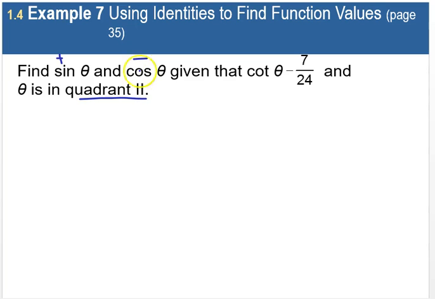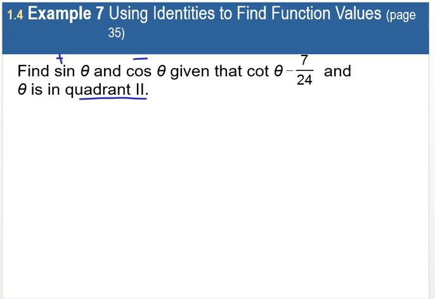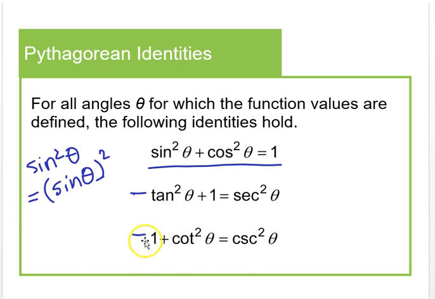And then how we're going to figure out what is sine and cosine is by using our identities here. I'm going to go back to this Pythagorean identity right here. We are given cotangent. So we can actually use this Pythagorean identity right here and solve for cosecant.